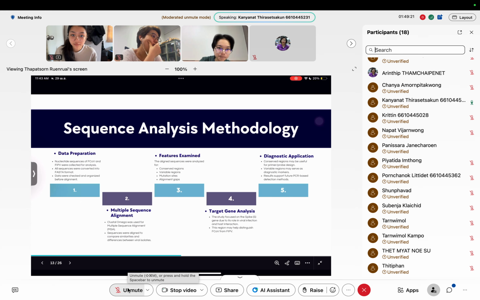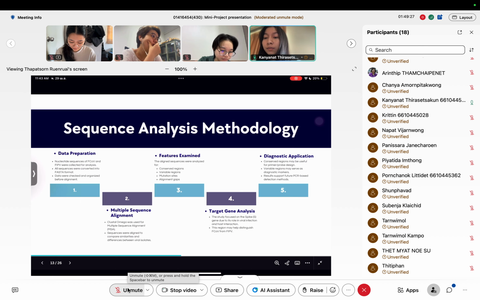Okay, for the sequence analysis method, this study focused on sequence analysis of FCoV and FIPV. First, we prepare the data by collecting sequences and converting them into FASTA format. Then we use Clustal Omega for multiple sequence alignment to compare similarities and differences between samples.